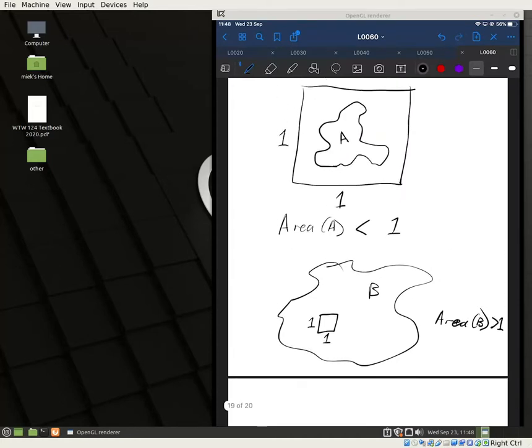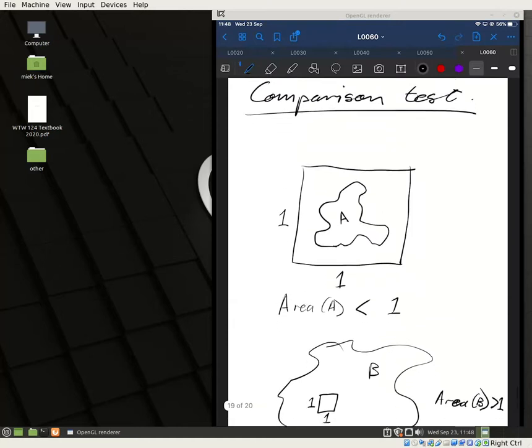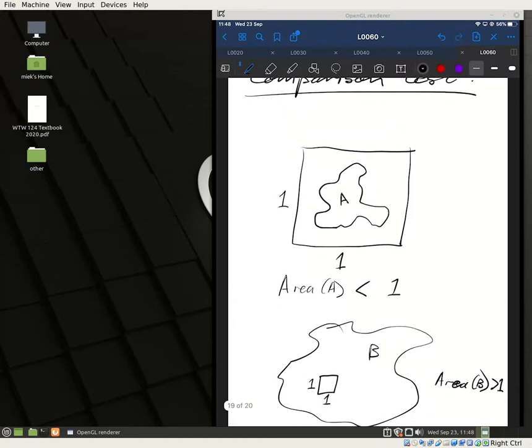So the principle here is we can compare the areas of complicated shapes to simpler ones. Even though we don't know exactly what the areas of A and B are, we can find a bound, either upper or lower, on what the area is. If A fits inside the square of side length 1, we know that A has area less than 1.